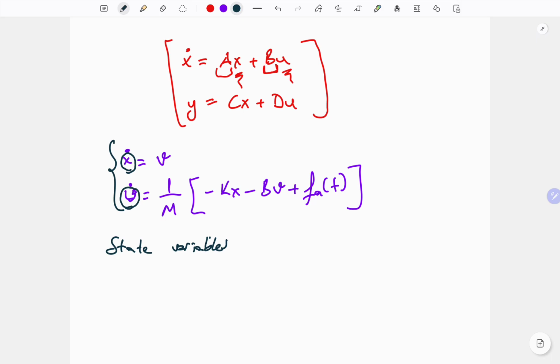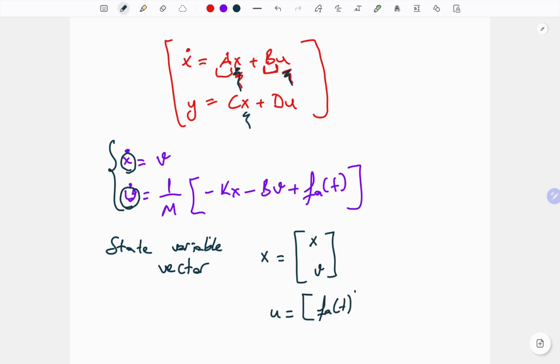So our state variable vector, which is x, it's not displacement here, can be written for the system as x and v, displacement and velocity. In addition, for the input vector, we have only one input for the system, which is the applied force.